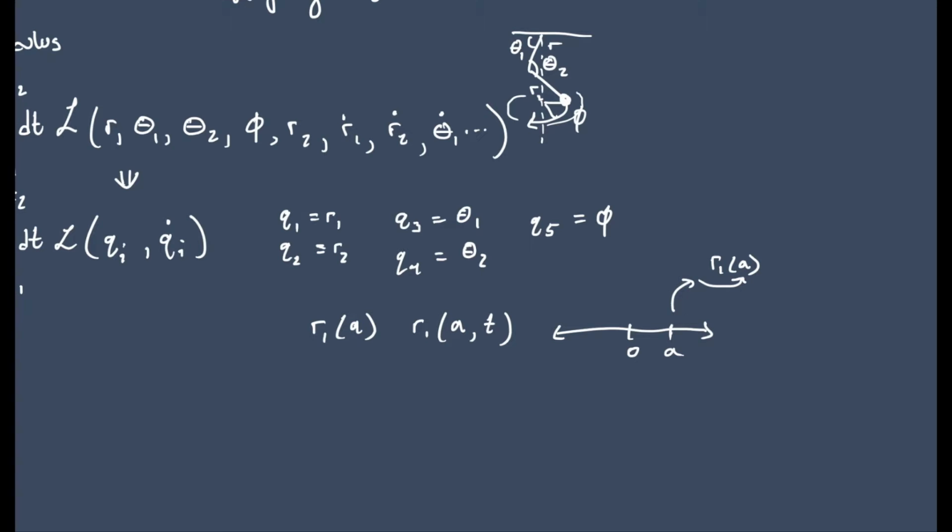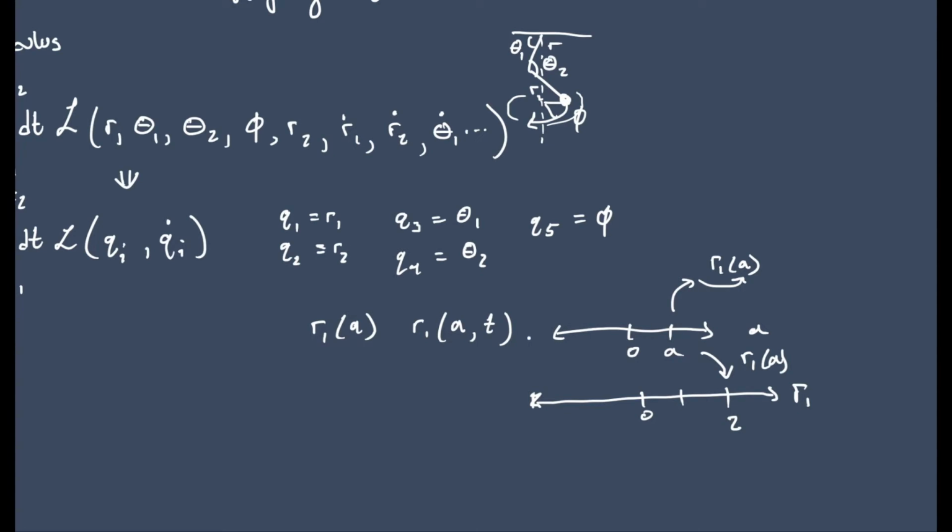You can also think of this as the a domain, this is the R1 domain, and here's 0. Here is R of a, or actually I'll write it like this. And this R1 of a maps us onto 2, for example.